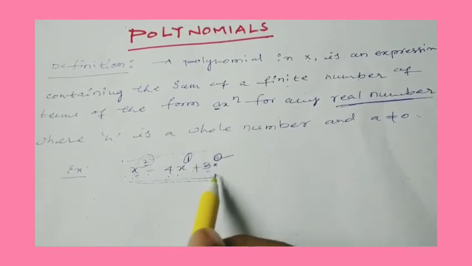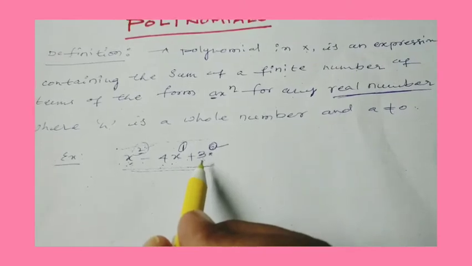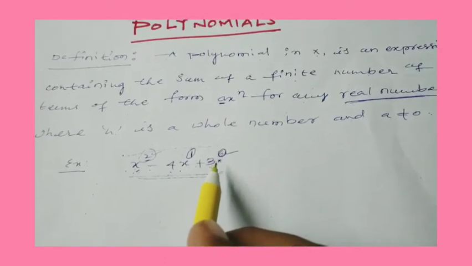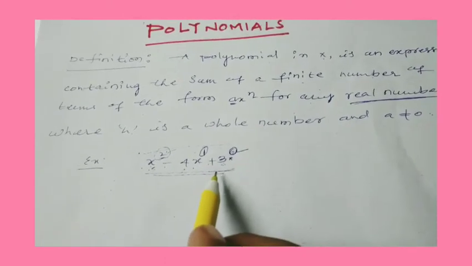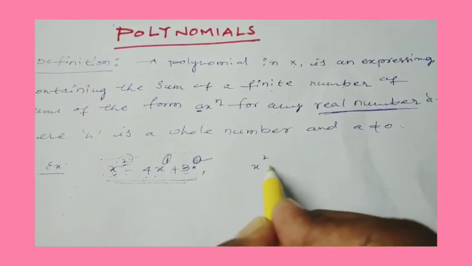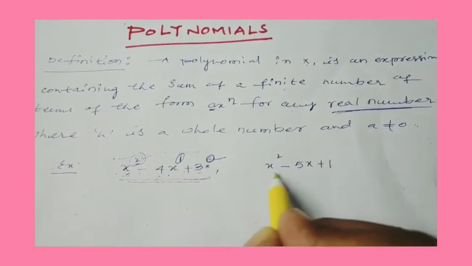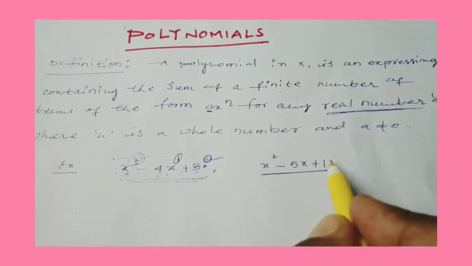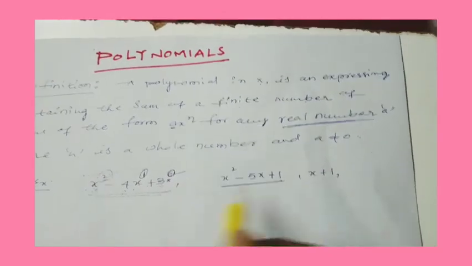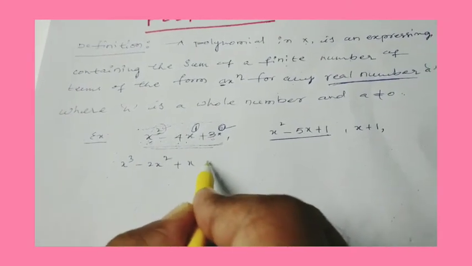So this type of algebraic expressions are called polynomials. All the algebraic expressions are not polynomials, but all the polynomials are algebraic expressions. Okay, this point should be remembered. For example, one more example: x square minus 5x plus 1. This one is also a polynomial. x plus 1 is also a polynomial. x cube minus 2x square plus x plus 5.